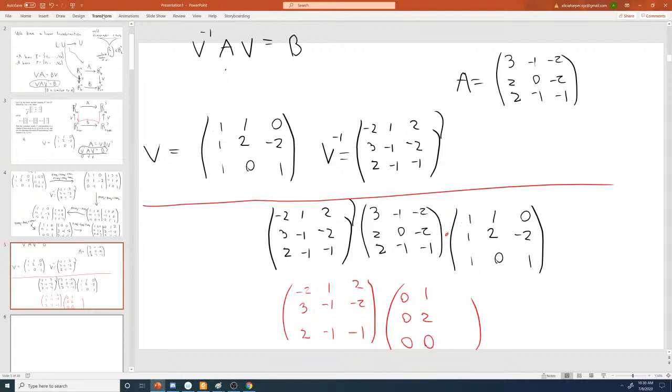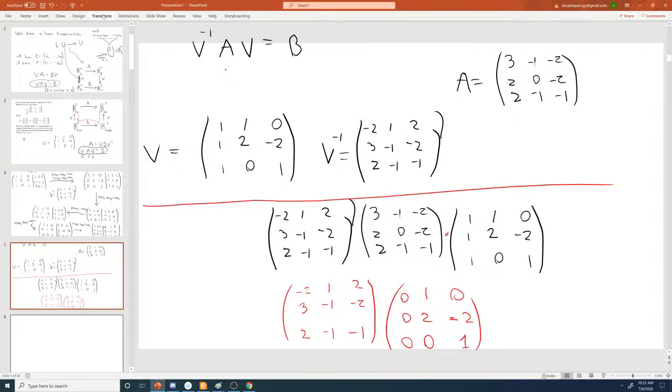Now if I take this third column and I multiply it by this first row, I see that I get 0. I take this third column, multiply it by the second row, I get -2. And then I take this third column and multiply it by this third row, and I get 1.